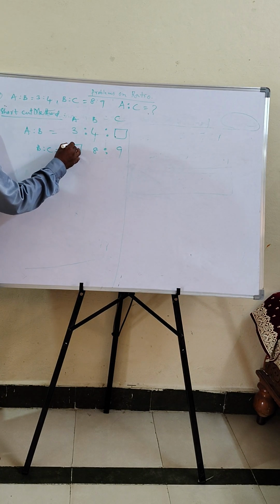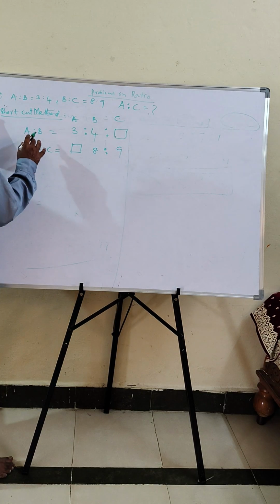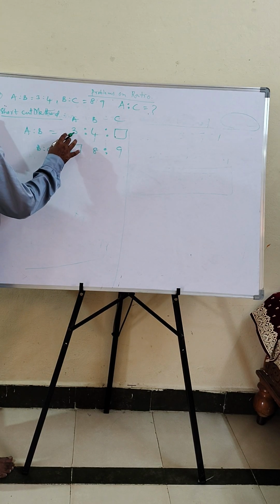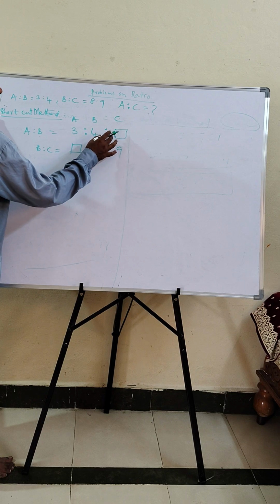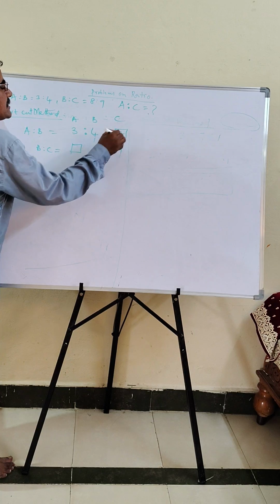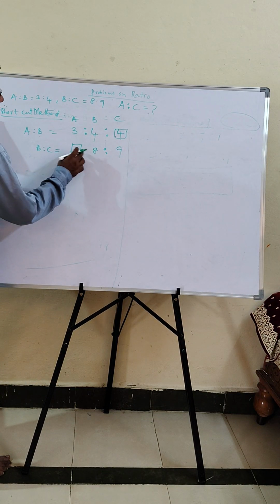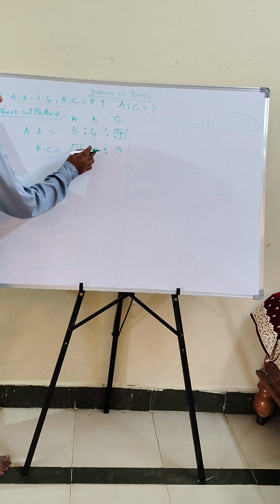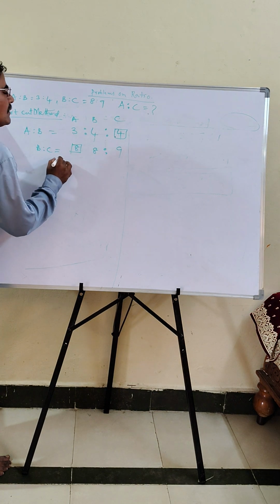There is no A. Here A is to B is to C and 3 is to 4. There is no number, so we write the same number 4 here, and the same number here too.